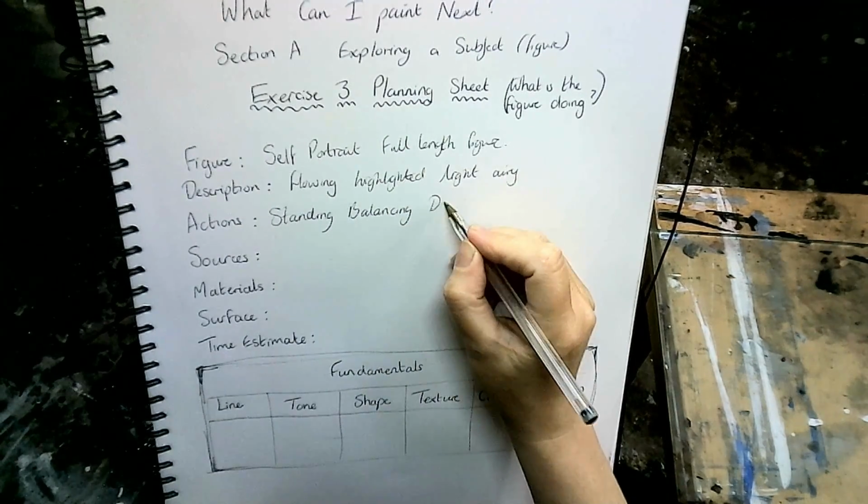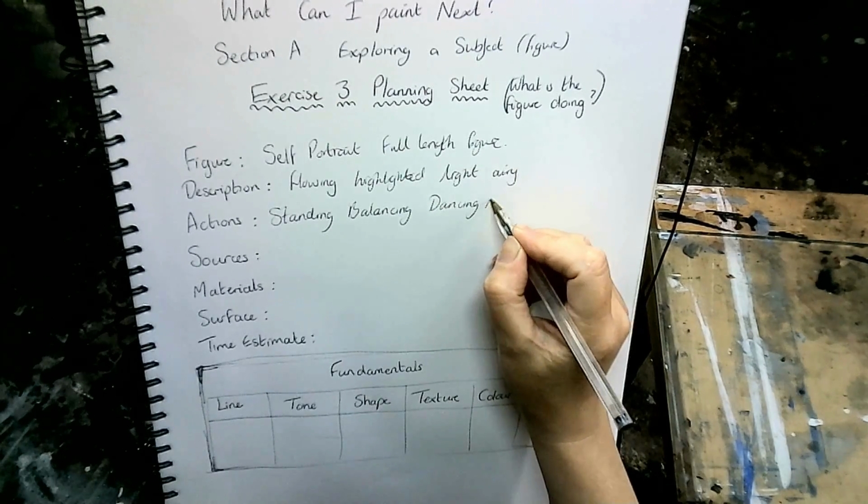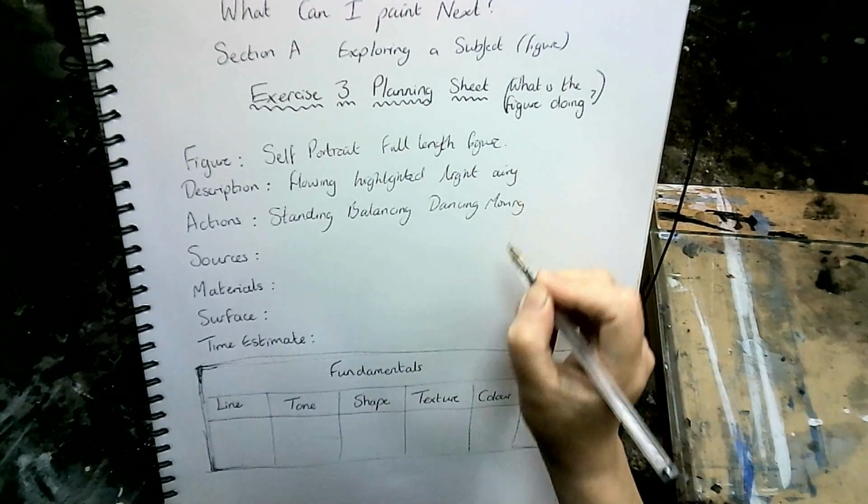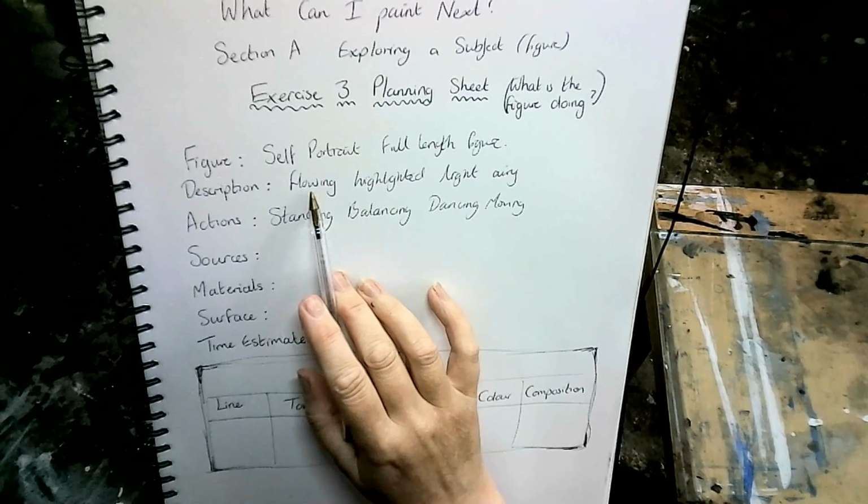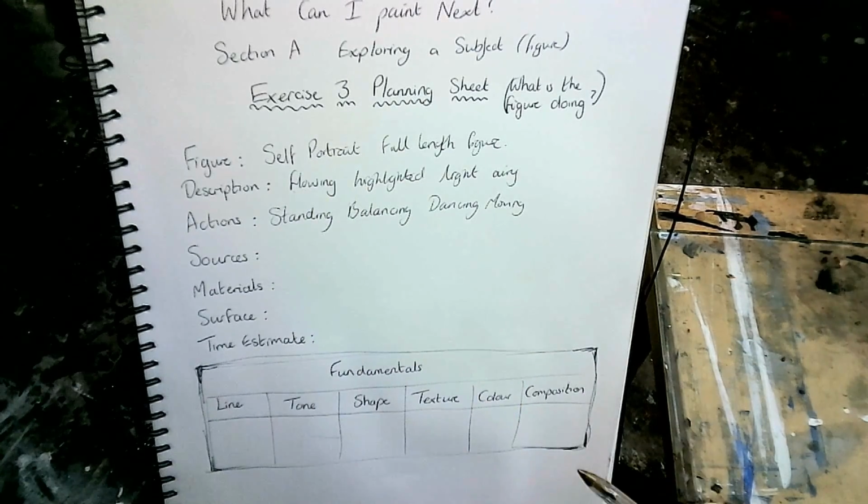I'm dancing. Moving. Flowing could actually be description or a verb in this case. I'll leave it in descriptive. Flowing, they will be okay actually. Yeah, I'm happy with those.